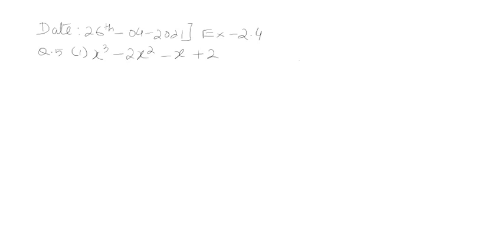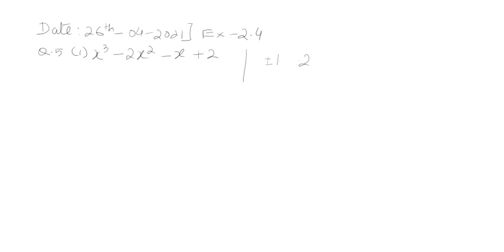Now we do not know which value of x will make it 0, so you have to try one by one. Some numbers we have to select. Now which number will we take? The number which is there at the last, the constant 2. So all the factors of 2: 1 and 2. These are the factors of 2.